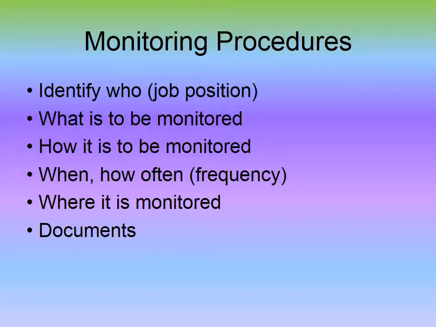Okay, so these are the monitoring procedures or monitoring protocol. We can identify who, from the job position, what is to be monitored, when and how often, where it is monitored, and document.